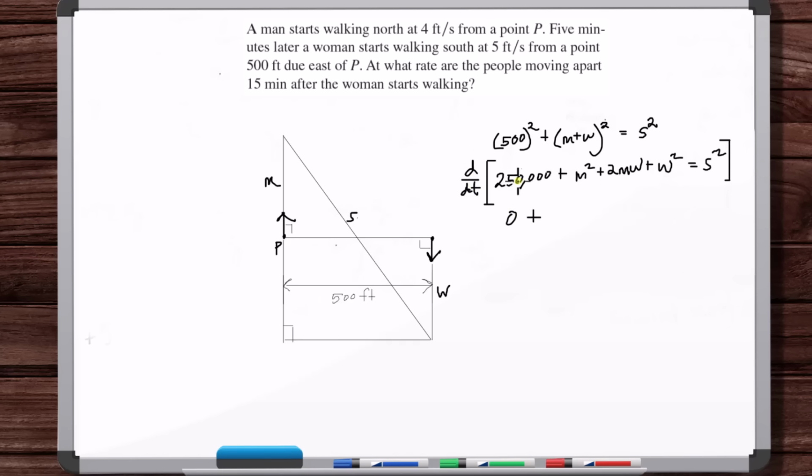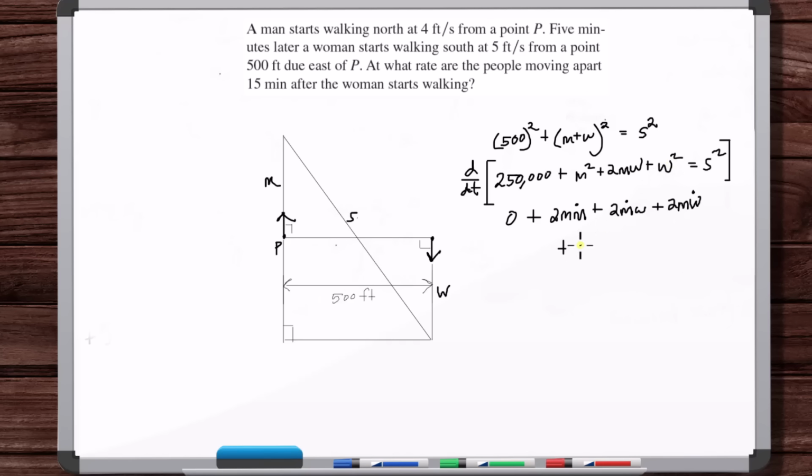We get 0, this is 0, 2M M dot plus, this is one function of t, this is another function of t. We have to use the product rule here. We'll say 2M is the first function of t. Derivative of the first, 2M dot times the second, W, plus derivative of the second, W dot times the first, so 2M W dot.